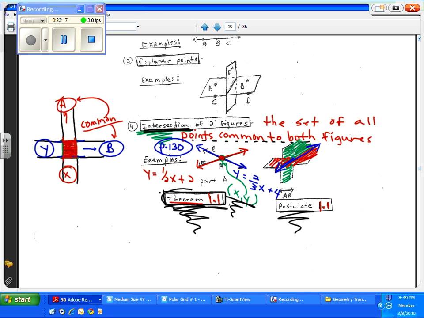So we have theorems that are built upon mathematical knowledge from the past that would prove that this is true. And we have postulates that are based on mental and visual things and being able to experiment and prove that it's true. So, Theorem 1-1, the intersection of two lines is a point. Postulate 1-1, the intersection of two planes is a line.